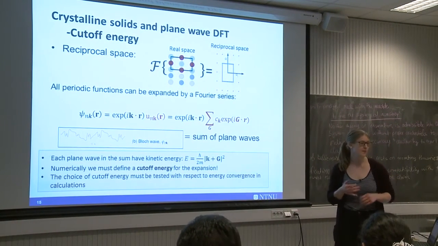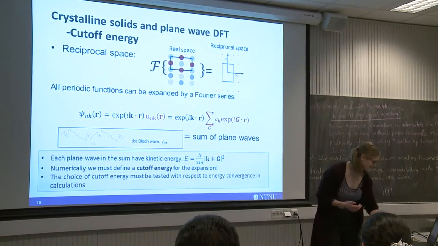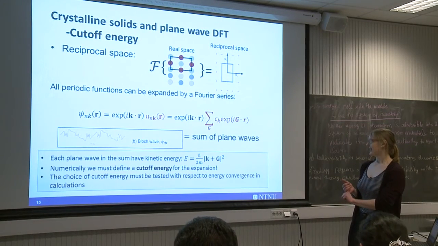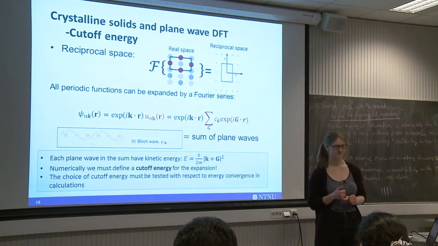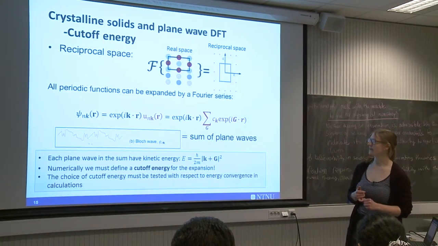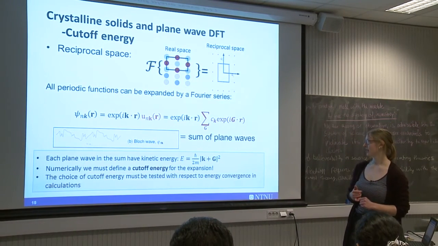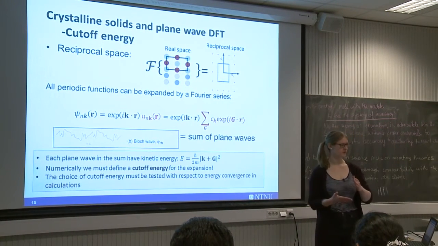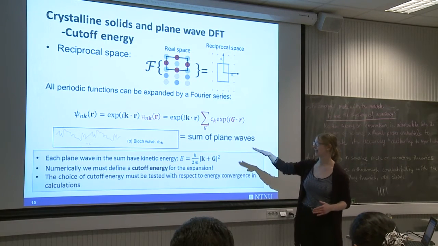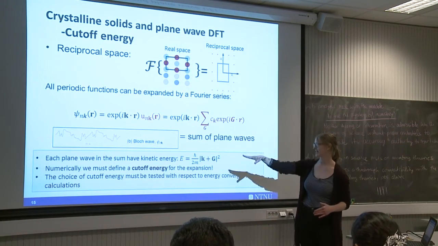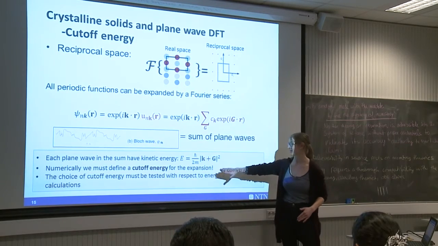The problem numerically is, of course, that you cannot deal with infinite sums. So in our calculations, we have to define some sort of cutoff. Each plane wave in this sum has a kinetic energy, which is given by this.